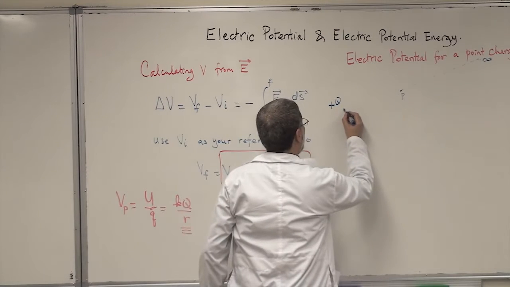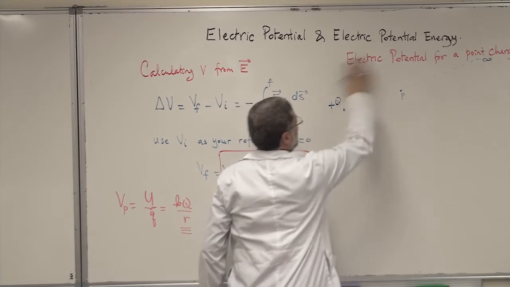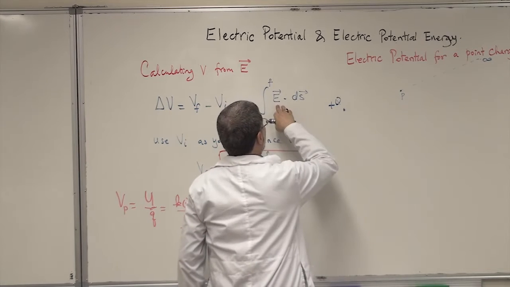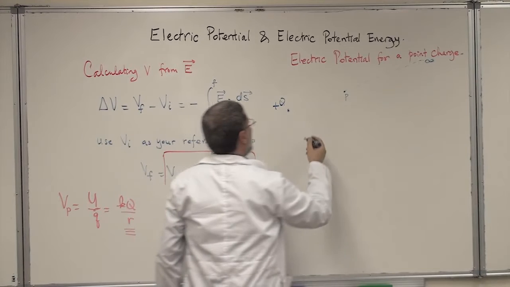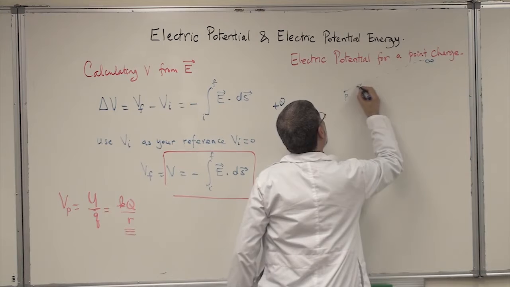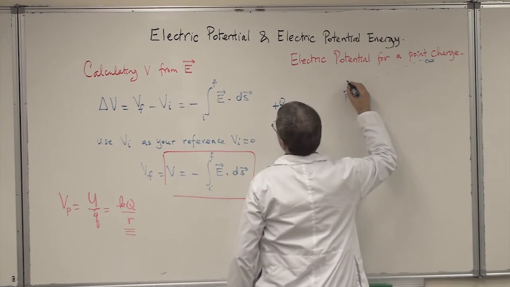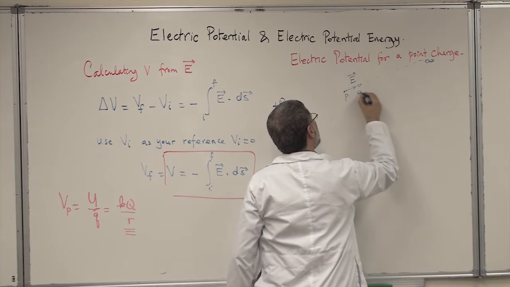My charge Q is going to produce an electric field here, and that electric field is very well known. I'm going to do my integration, moving in this direction to infinity. This is my electric field, and this is my ds.